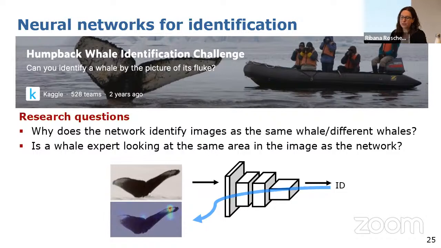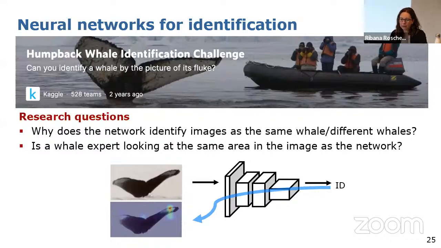The research questions we can formulate here are: why does the network identify images as the same whale or as different whales? Or is a whale expert looking at the same area in the image as the network? The reason we want to find this out is, first of all, it's very interesting, because a few years ago I was approached by a whale expert, and we had a chat and came up with these questions.